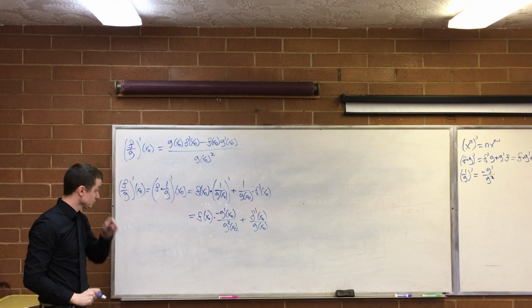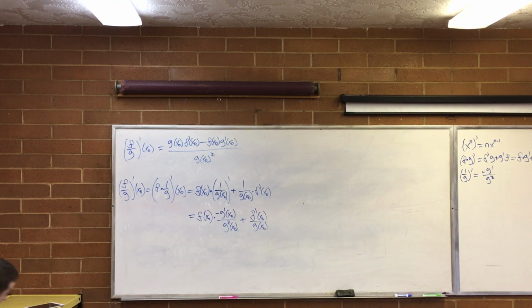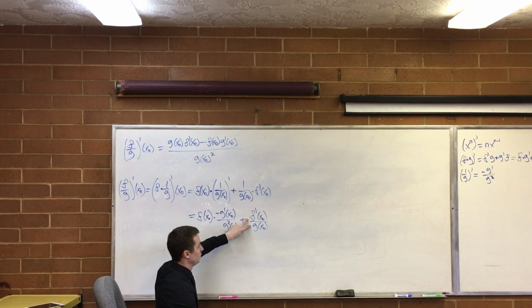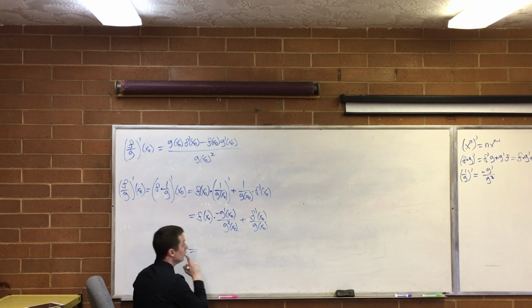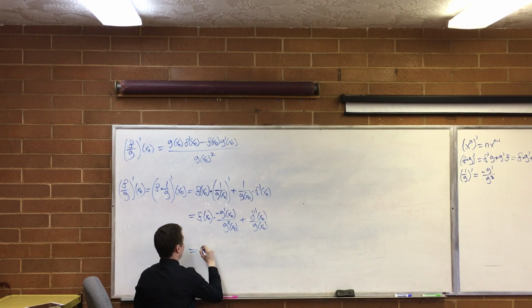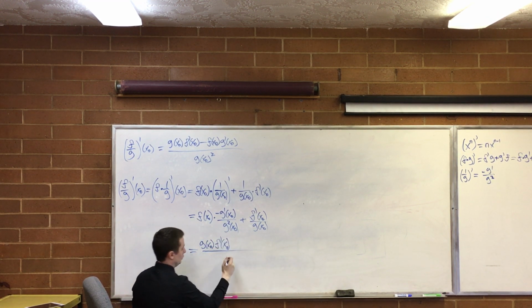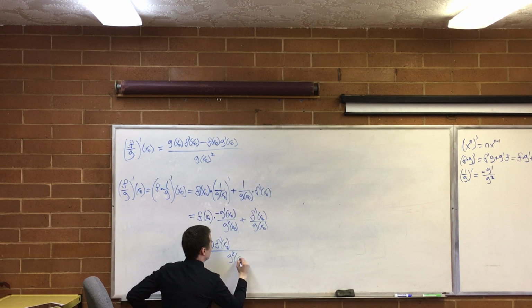Okay. Now I'm going to get the common denominator, so I'm going to multiply this from top and bottom by g of x naught, and I'm going to write this term first. So this is equal to g of x naught times f prime of x naught, all over g of x naught squared.